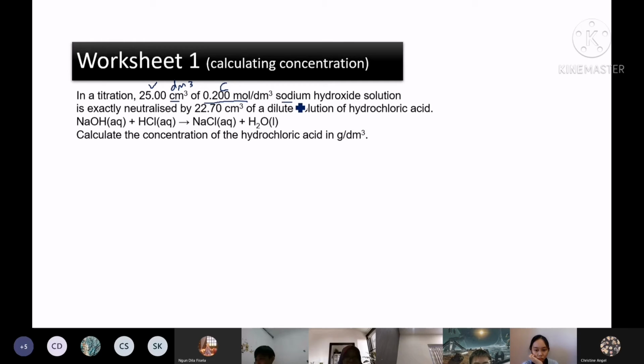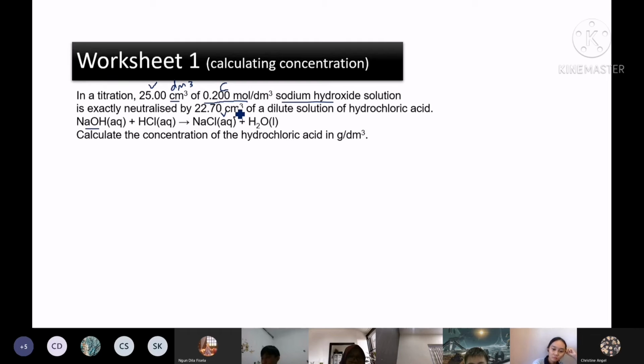Sodium hydroxide. What is the chemical formula of sodium hydroxide? NaOH. Very good. And then neutralized by 22.7 centimeter cube. What is it? Concentration, mole or volume? I think volume, Miss, because it has a cube. Yes, centimeter cubes.